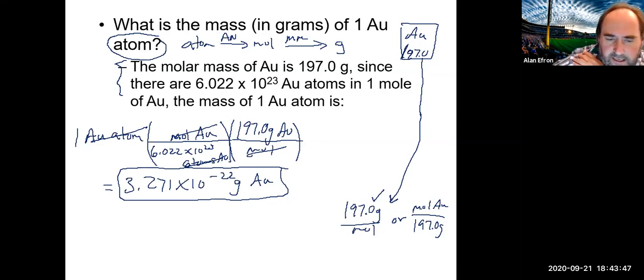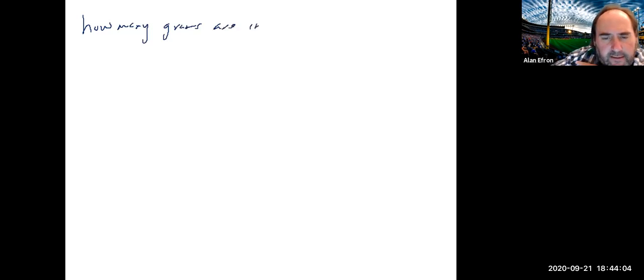Why don't we try a couple more just to make sure? So let's go with, how many grams are in 32.5 grams of NH3?